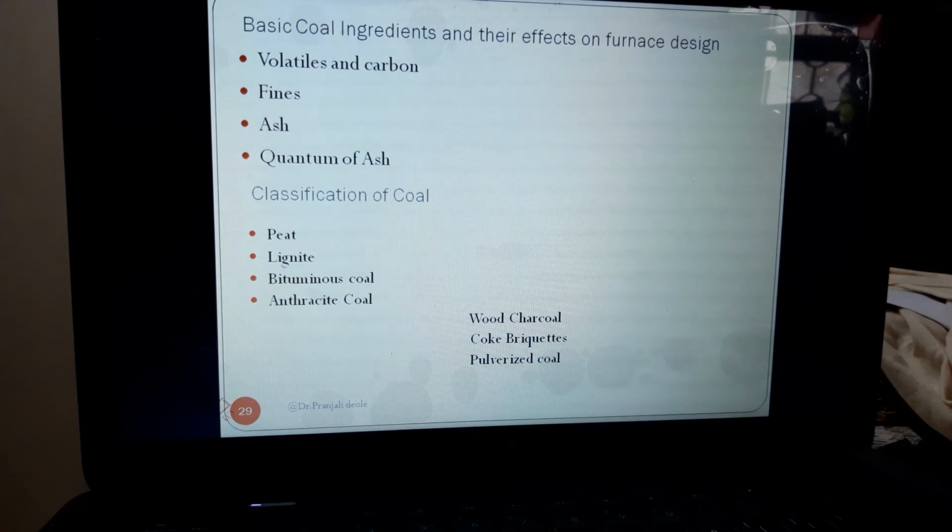Next is coke. So coke is obtained from bituminous coal by the carbonization process. That is, the bituminous coal is heated strongly in the absence of air for 48 hours. Thus, the volatile matter present in the coal is driven off. Coke is dull black in color, hard, brittle and porous.